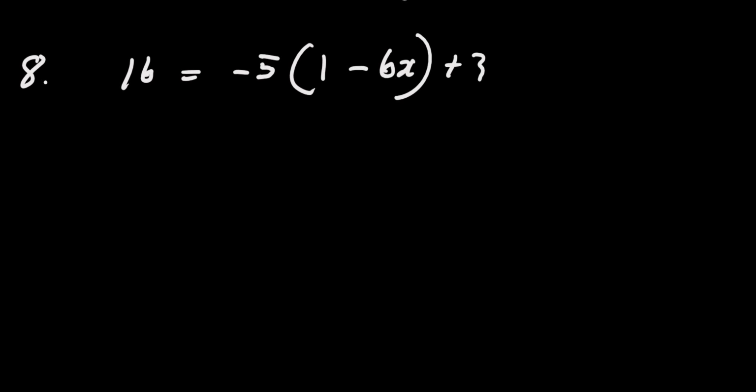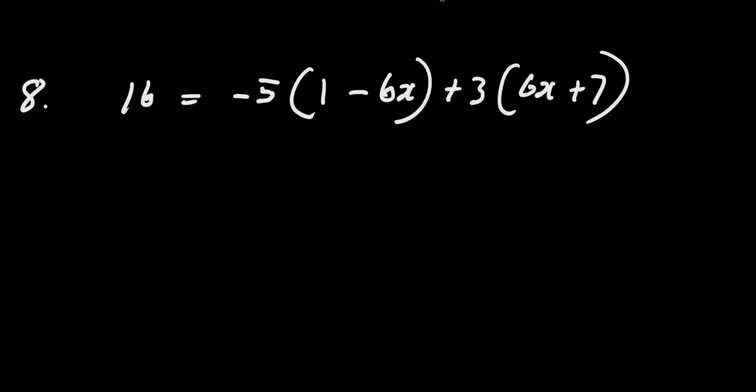So if you have 16 equals negative 5, open parenthesis, 1 minus 6x, close parenthesis, plus 3, open parenthesis, 6x plus 7, close parenthesis.